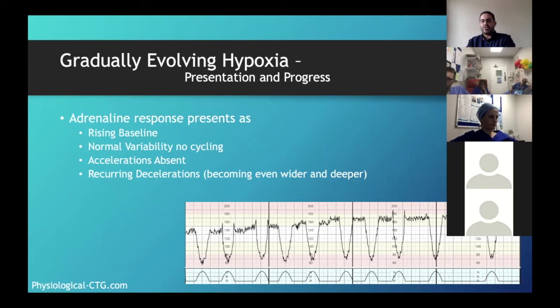And the vasoconstriction of the periphery is why the decelerations get even deeper with the cord compressions. Because if you remember from last time, we said that during a cord compression, the arteries are blocked, which means that the aorta is going to fill up with all the blood that comes out of the heart, and there is nowhere for it to go, because 40% of the cardiac output has just been blocked.